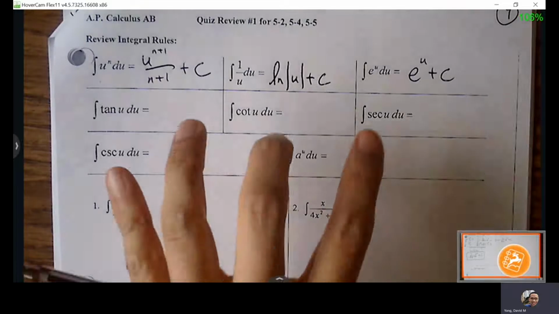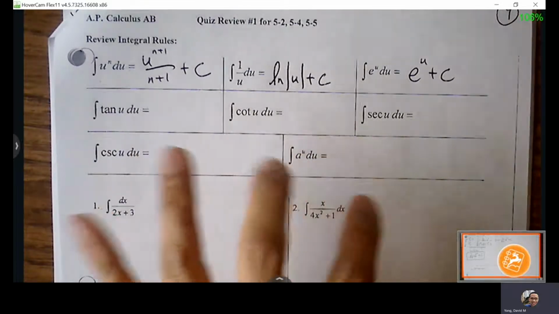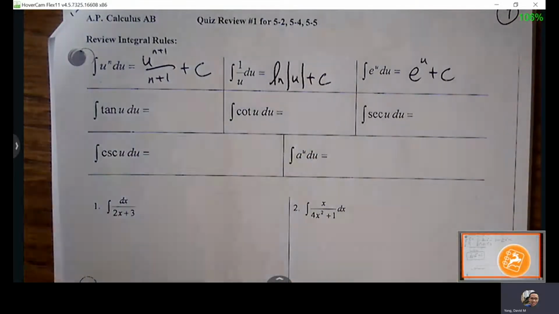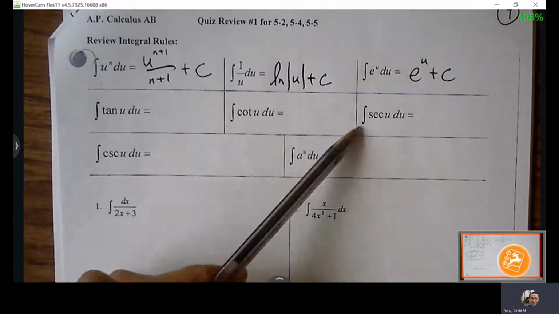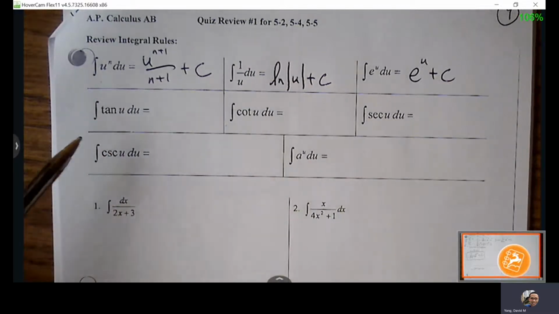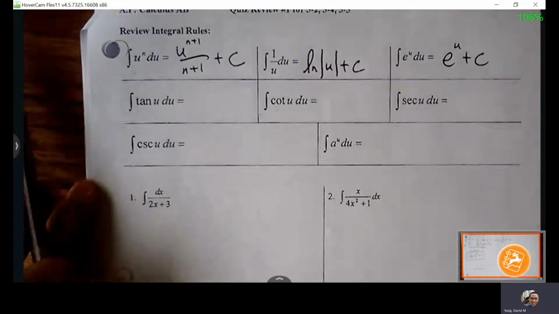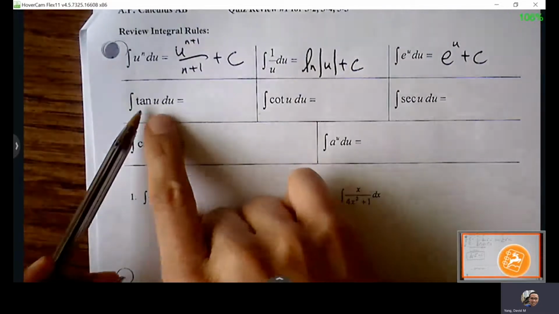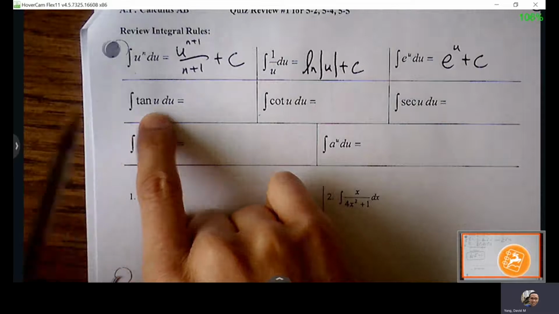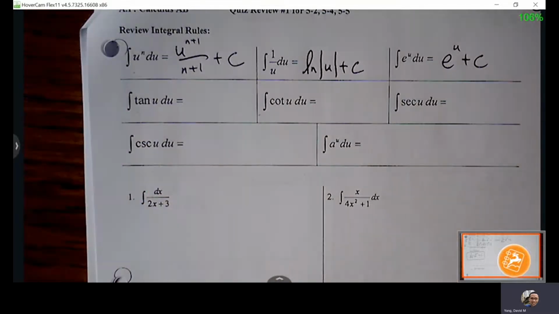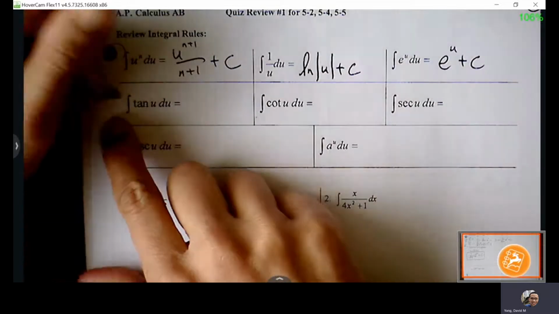Now we have 6 trig rules that we learned from first semester that are just carryovers, going backwards. But these are specific rules that are additional ones that involve natural log. The way that I remember them is I think of tangent in terms of sine and cosine. I know that tangent is sine over cosine.